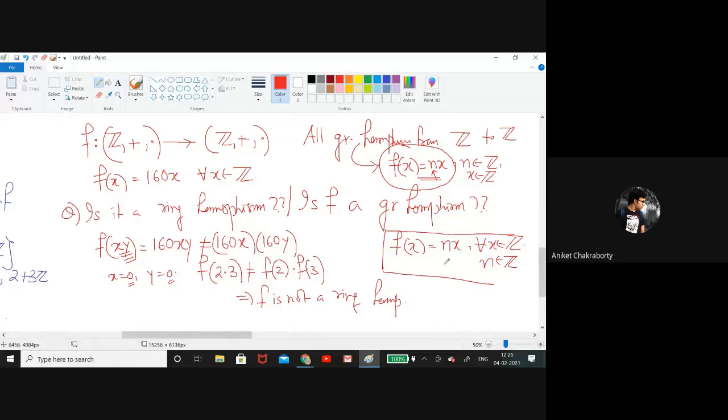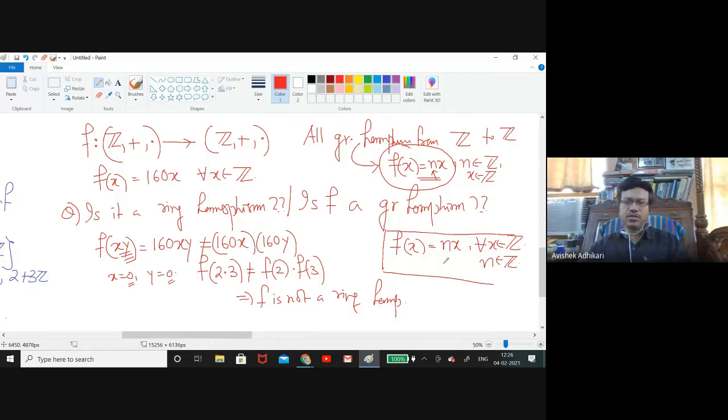It must be true. If n is 0 or 1, then it can be true. Yes, so if this is 0 or 1, then it is true. But if it is not 0 or 1, even in the case of -1, then also it's not possible.